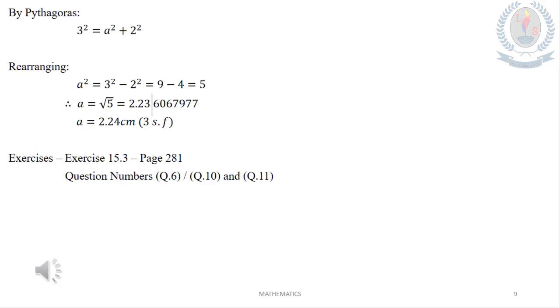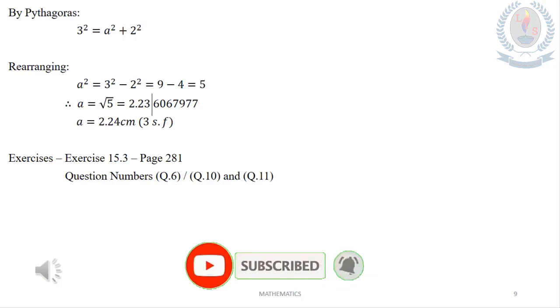Therefore, a equals the square root of 5, which equals 2.236067977. Therefore, a equals 2.24 centimeters to three significant figures. Exercises. Exercise 15.3, page 281, question 6, question 10 and question 11.